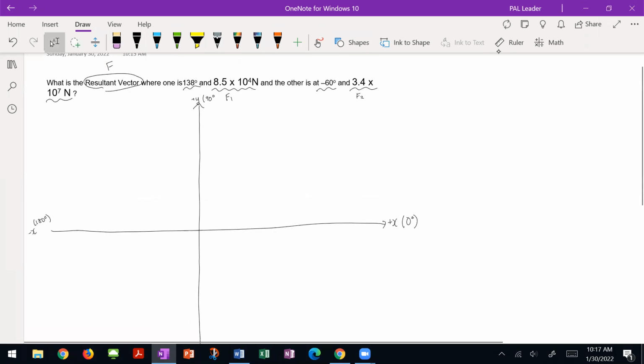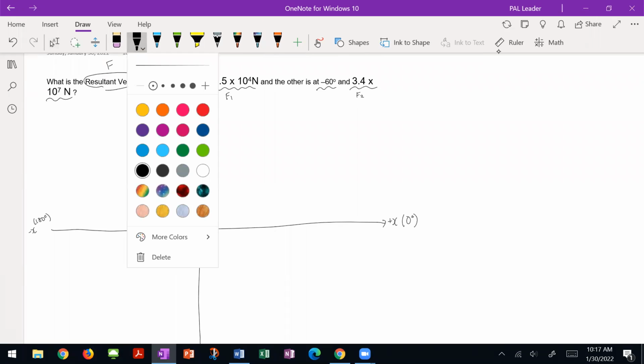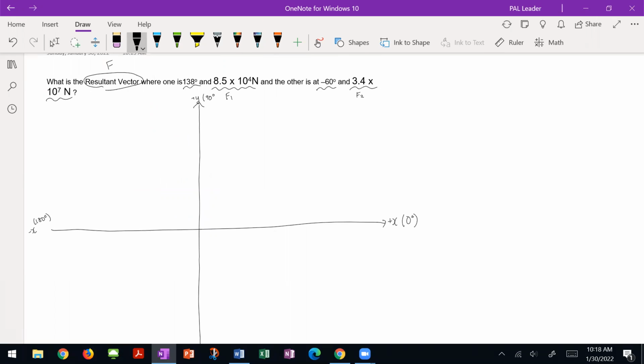Okay. F1, I'm going to do that in black. One is at 138 degrees. So if this is 90 degrees and that's 180, I think 138 will look like this, where this right here is 138.